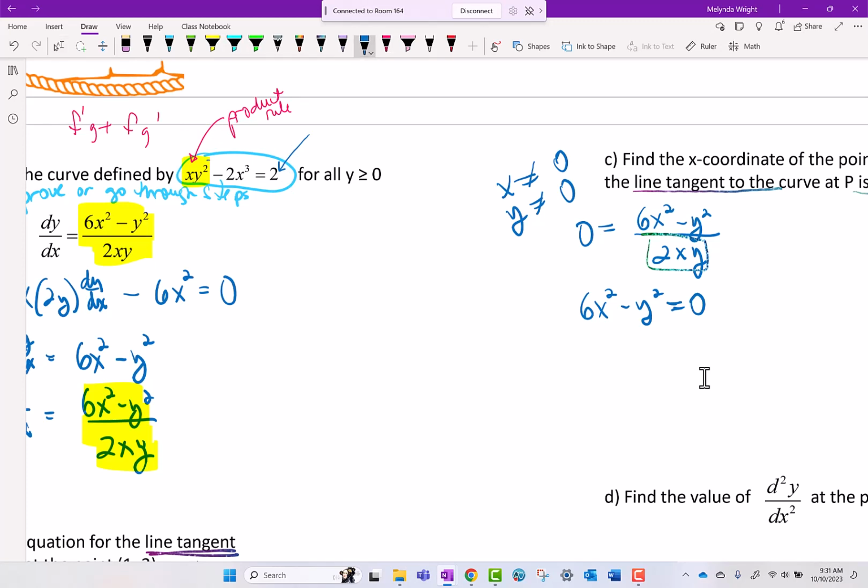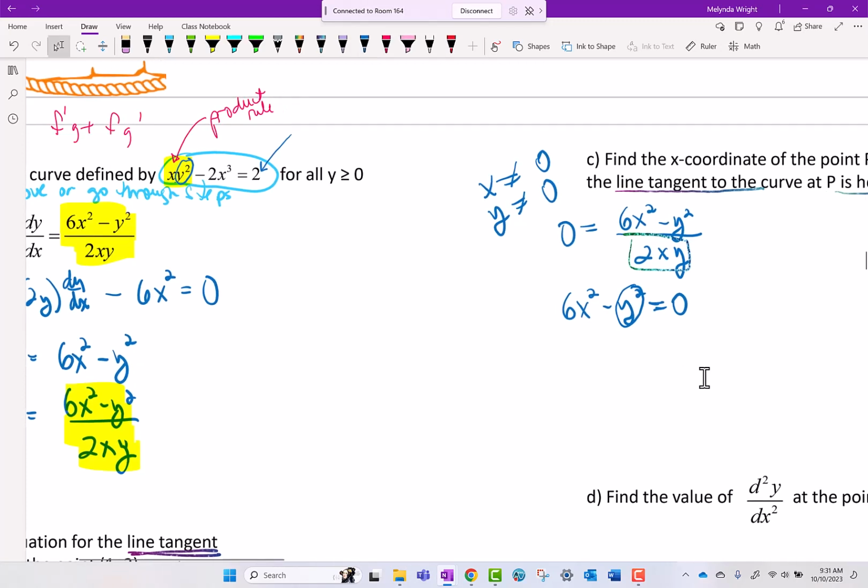See this little y squared right here? And see this little y squared right here? Wouldn't it be awesome if we could solve that for y squared and sub in? Yes, that would be great. So that's what we're going to do.